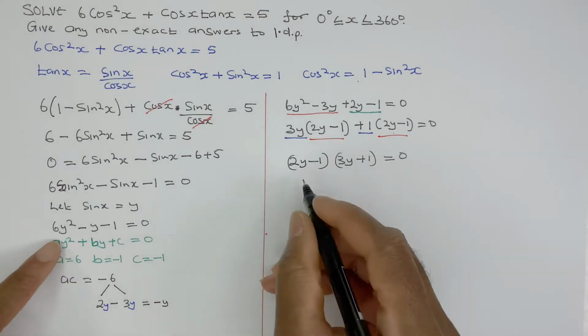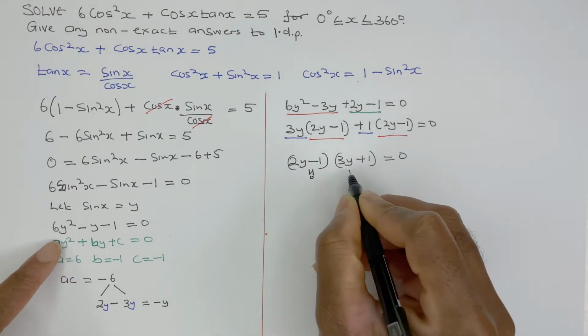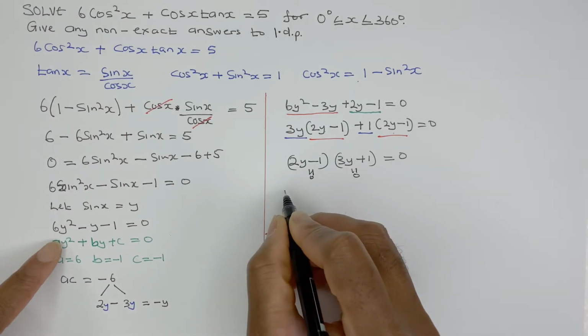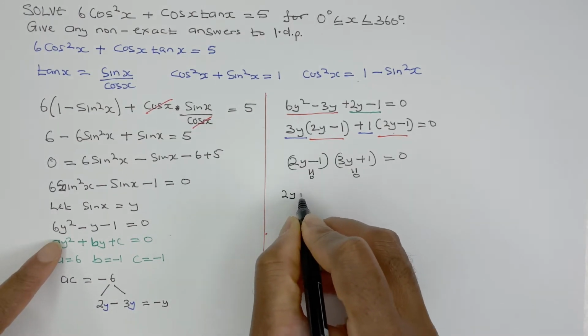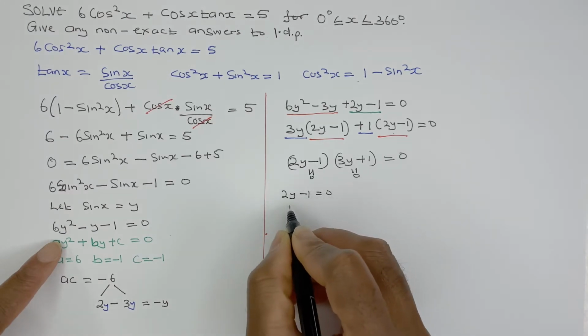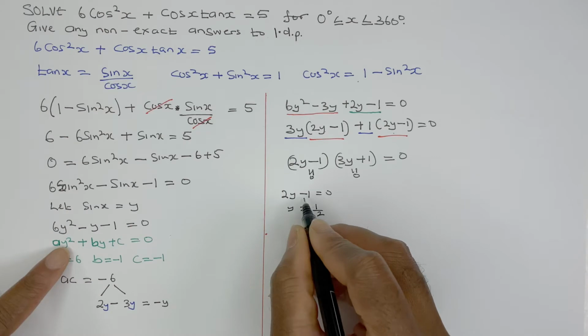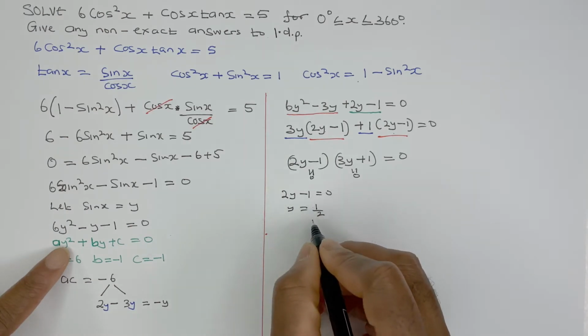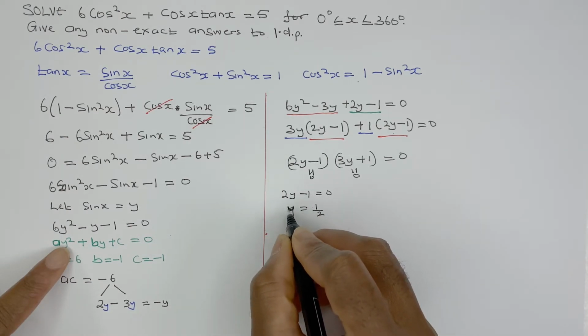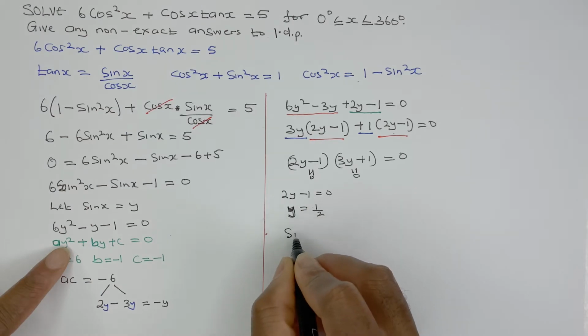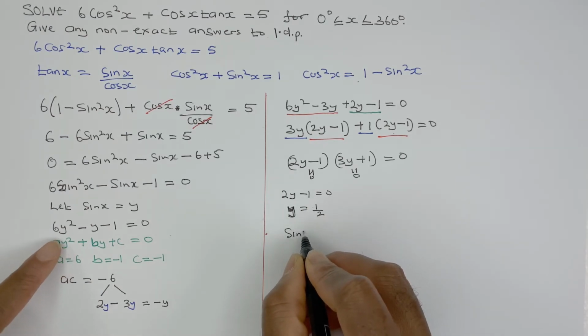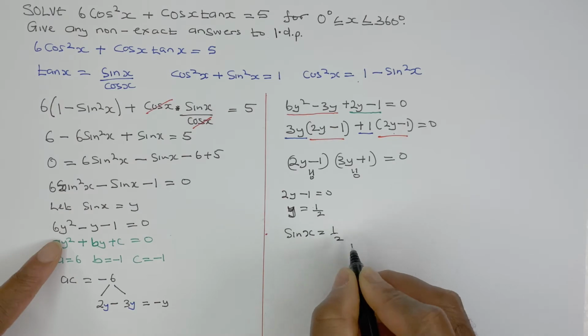Therefore, I need to set each to 0. That means 2y minus 1 equal to 0. Therefore, y equals a half, because you move minus 1 to the other side and then divide by 2. So y is a half, and what that means is sine x equals a half.